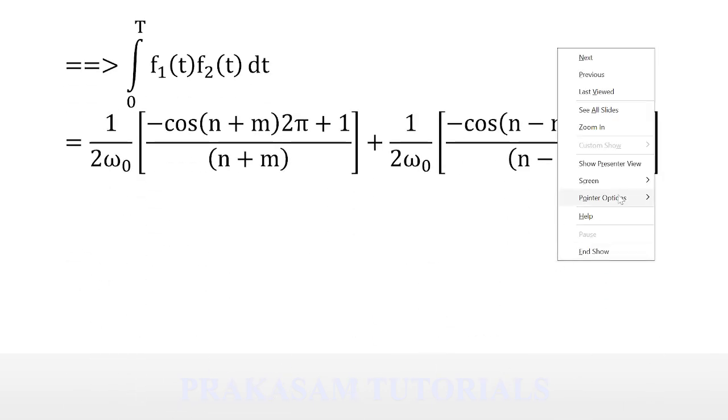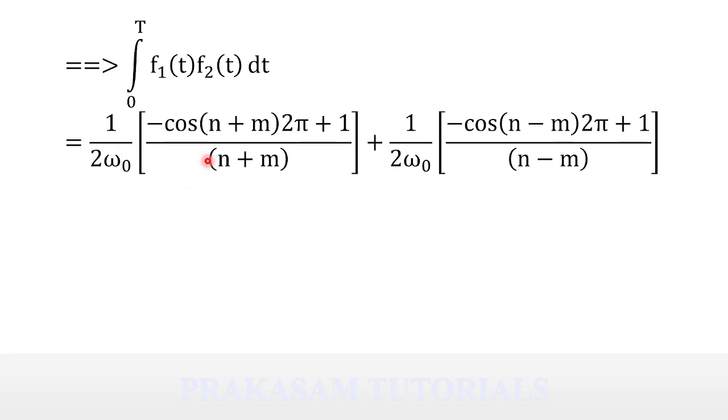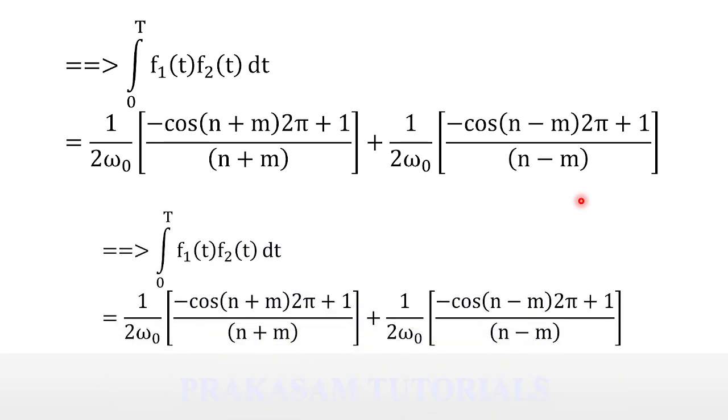So the RHS term of the above equation, after substituting omega naught T equal to 2 pi, and omega naught written before, is 1 by 2 omega naught times [minus cos of (n plus m) 2 pi plus 1] divided by (n plus m), plus 1 by 2 omega naught times [minus cos of (n minus m) 2 pi plus 1] divided by (n minus m). Here small m and small n are integers, and we substitute different integer values.